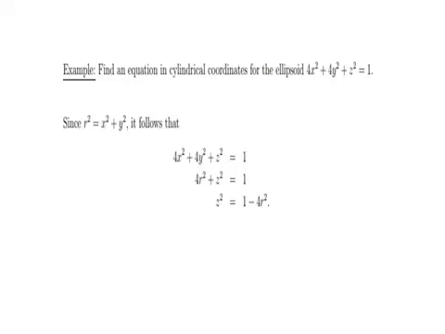We know that x square plus y square equals r square. Substituting that value in the given equation of the ellipsoid, taking 4 as common, x square plus y square equals r square. Substituting in it, we are left with 4r square plus z square equals 1, which gives z square equals 1 minus 4r square, which is the required equation in the cylindrical coordinate system.